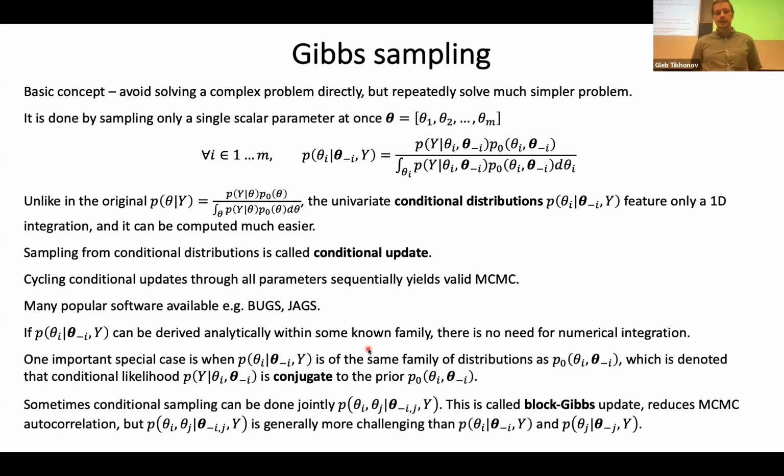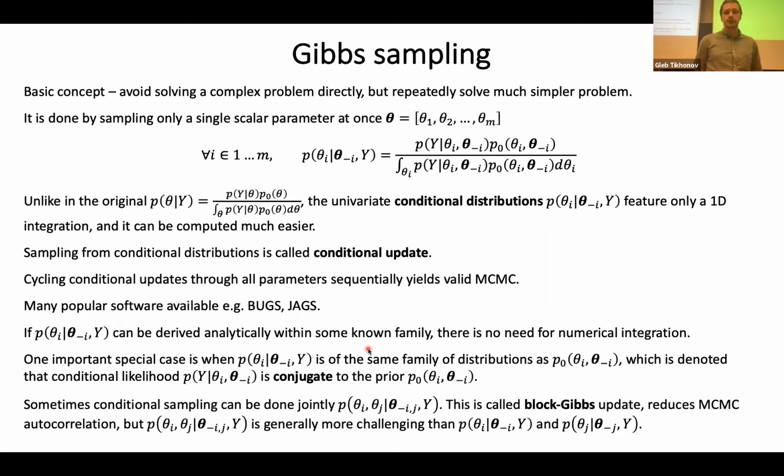There is a sub version of Gibbs which is called block Gibbs, and that generalizes Gibbs by enabling us to sample the parameters jointly.